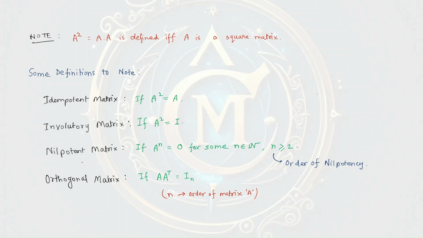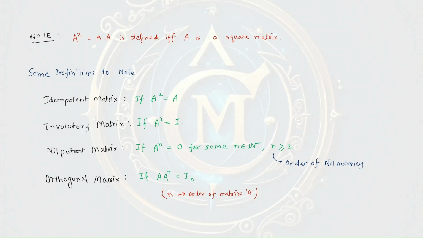And similarly, we call a matrix nilpotent if for some n belonging to the natural numbers, with n greater than or equal to 2, that means n is not 1, A is not null, but some higher power of A becomes the null matrix or the zero matrix. Then we call this matrix A a nilpotent matrix, and this n for which A to the power n is the null matrix, we call the order of nilpotency. This we have to remember.